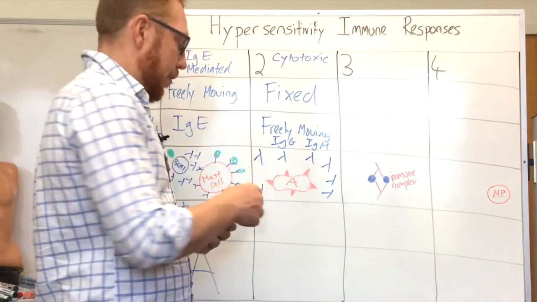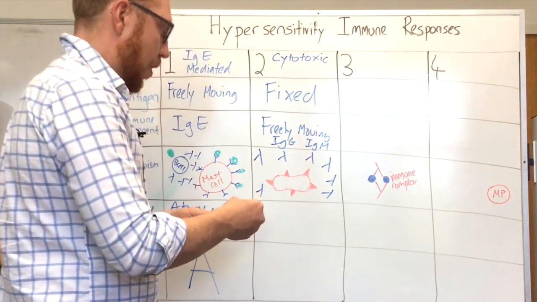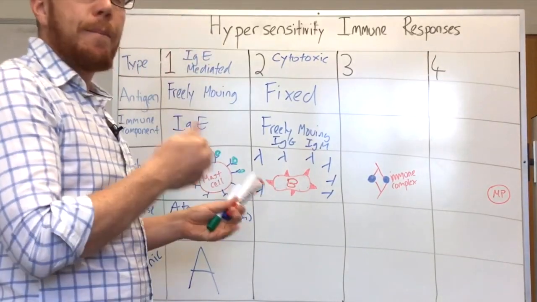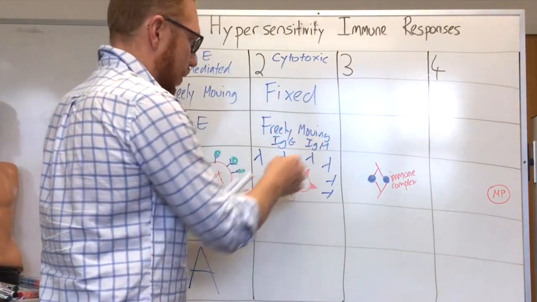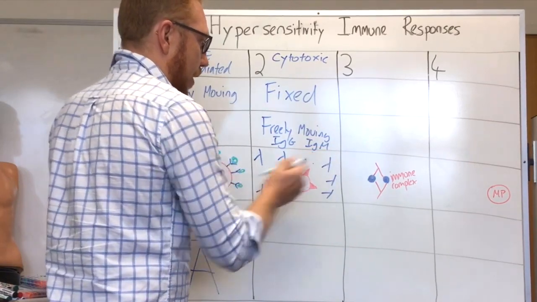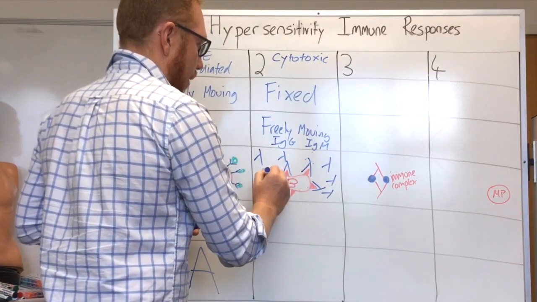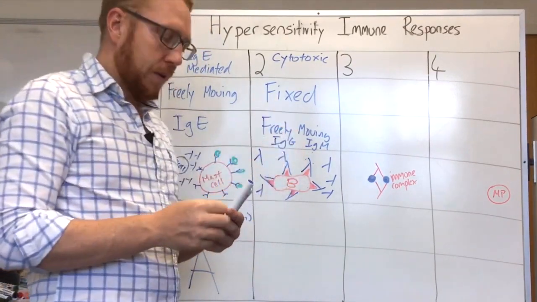Now, if you gave a person that's a type A blood and you gave them type B, so there's now a mismatch, these B antibodies would lock onto it. Okay, so that would bind to it like so, and that would cause a complement response.